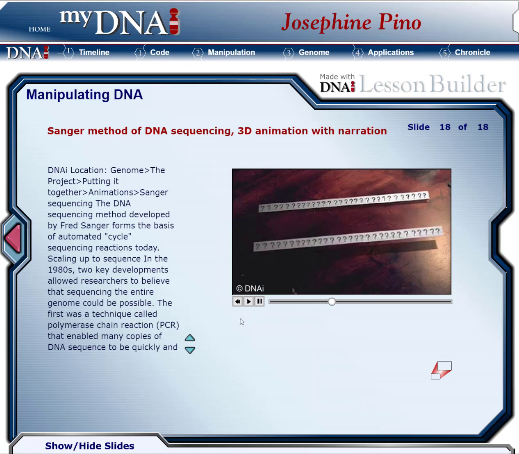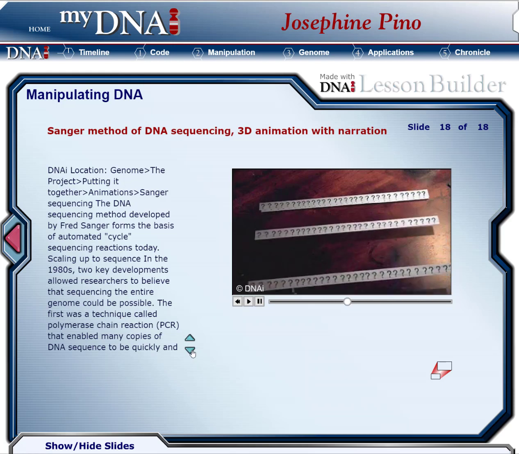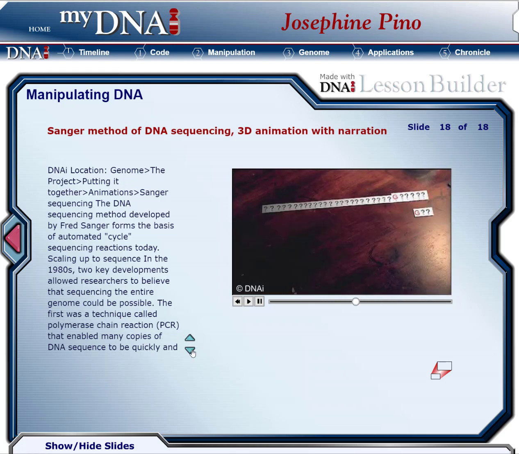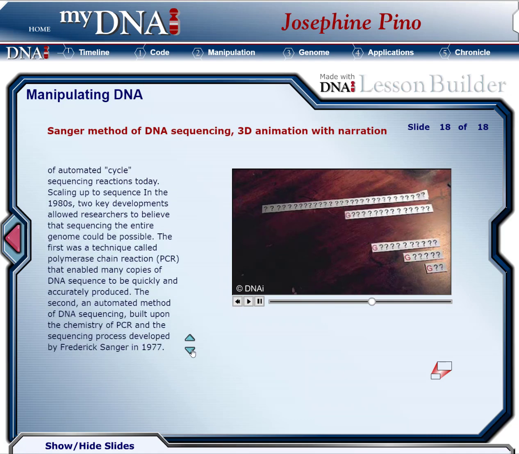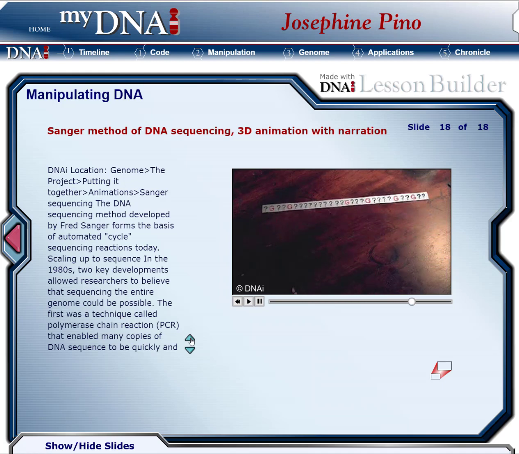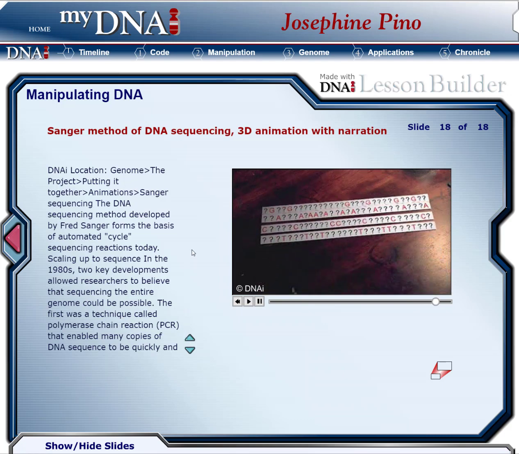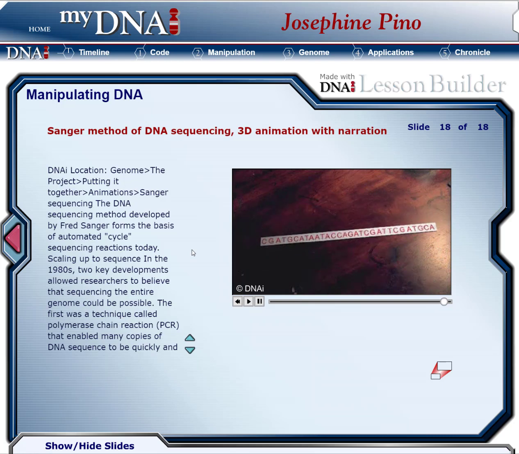The strand to be sequenced is copied using chemically altered bases. These altered bases cause the copying process to stop each time one particular letter is incorporated into the growing DNA chain. This process is carried out for all four bases, and then the fragments are put together like a jigsaw to reveal the sequence of the original piece of DNA.